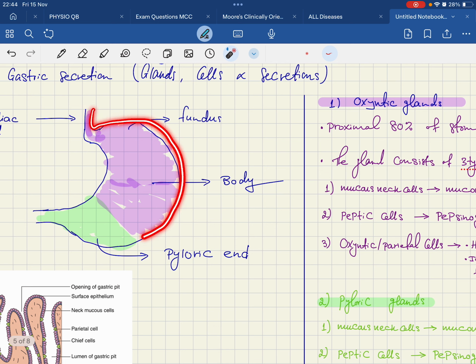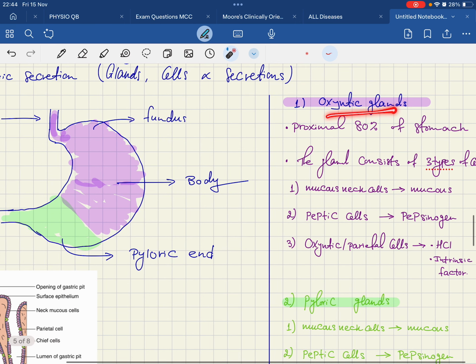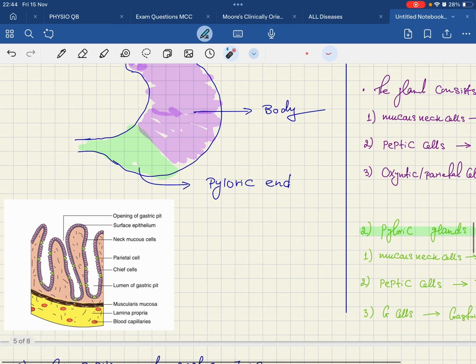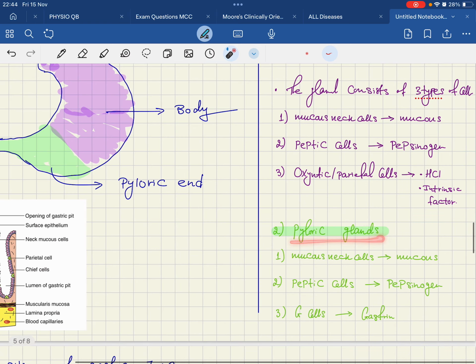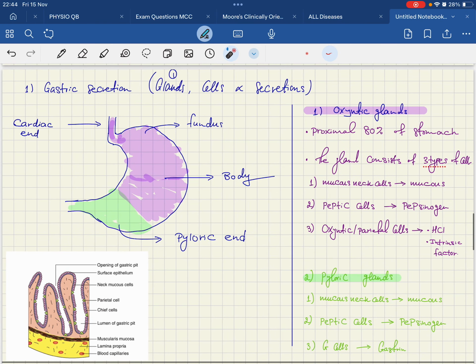As you can see here, the proximal 80% of the stomach is made up of oxyntic gland, and then the distal 20% of the stomach is made out of pyloric gland. So let's focus on the oxyntic gland first.